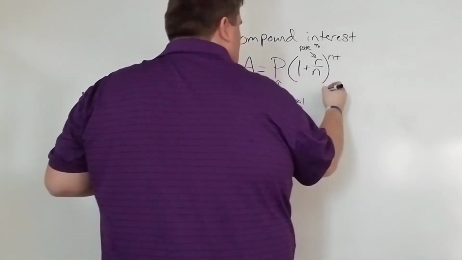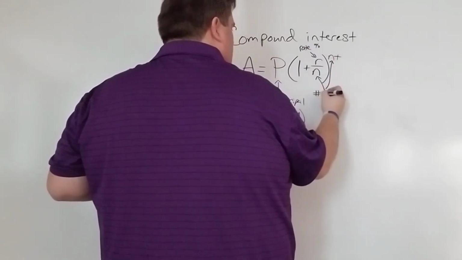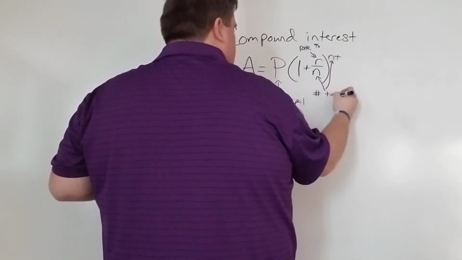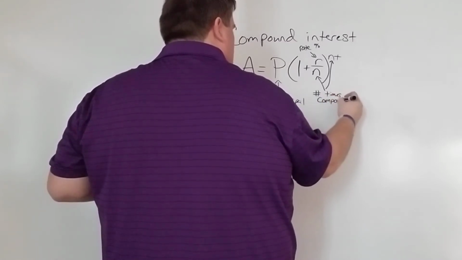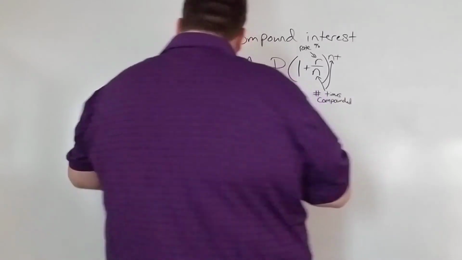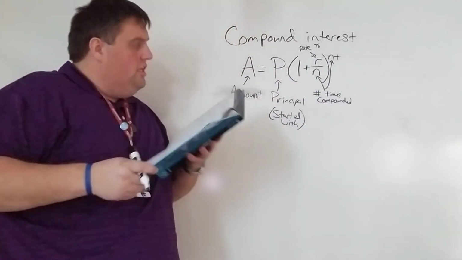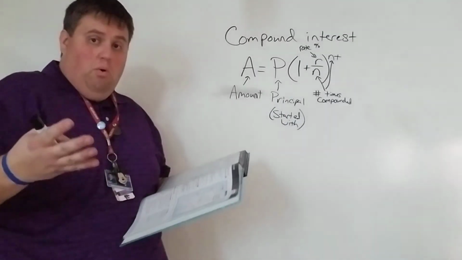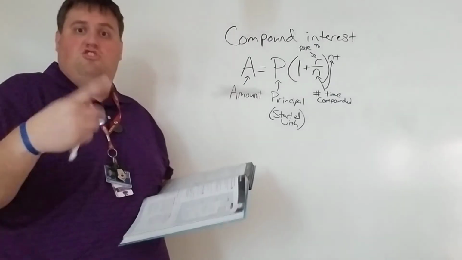The n that's used twice here is the number of times compounded. So if it says that it's compounded quarterly, that would be 4, because there are 4 quarters in a year, right? If they say it's compounded yearly, it's just 1.